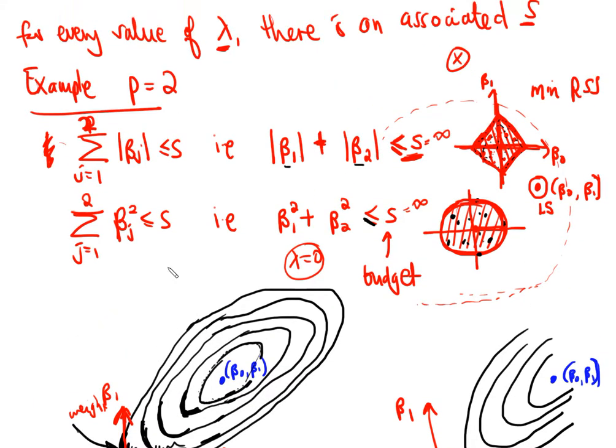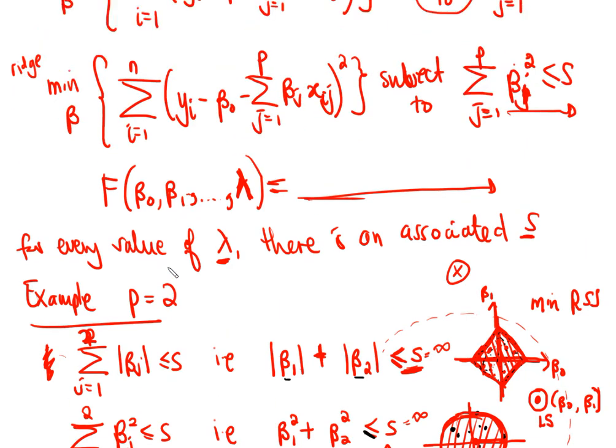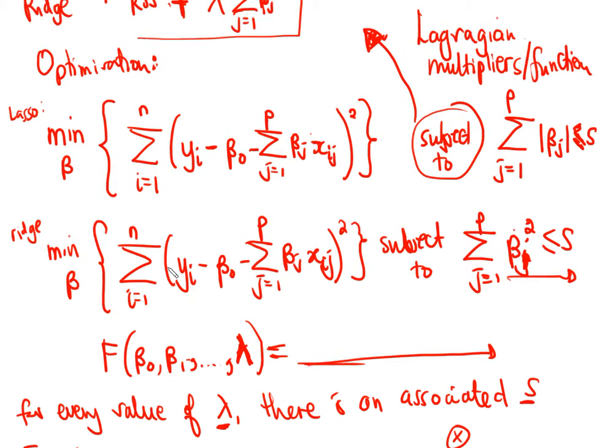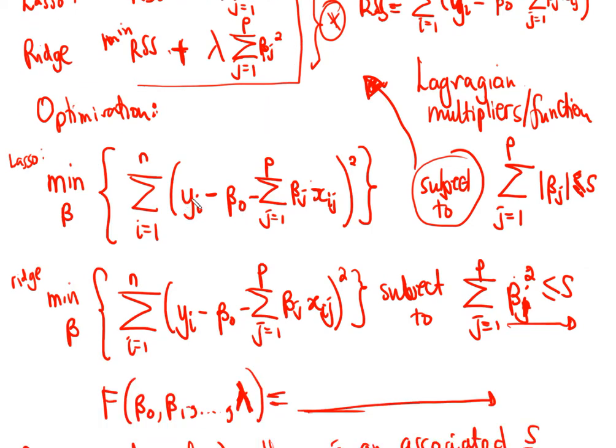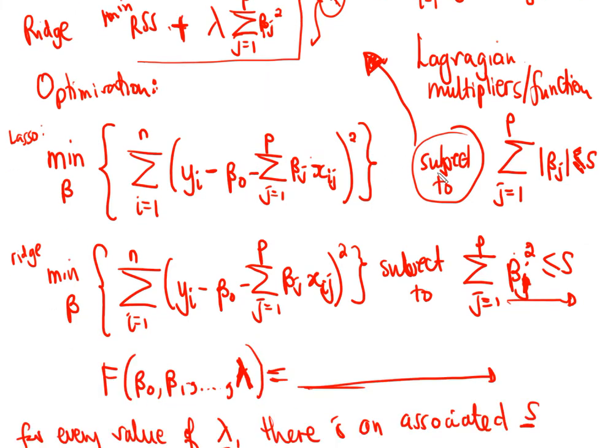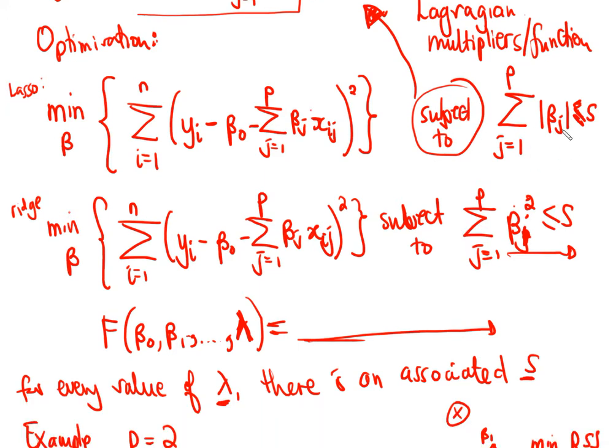It is just rewriting what we were dealing with initially, in mathematical optimization format, and then this 'subject to' created a budget for us that we needed to work with.